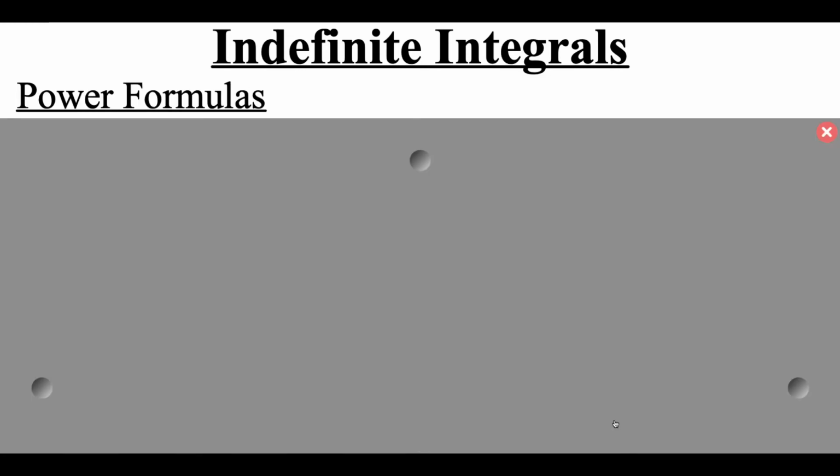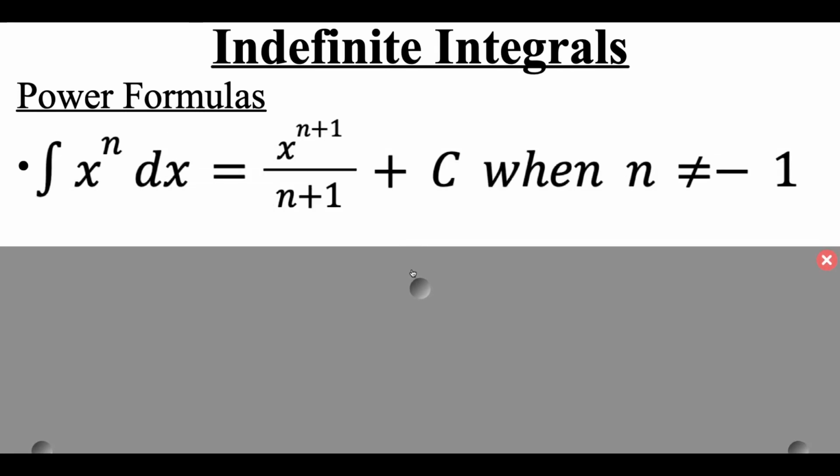Now we're going to run through a list of common indefinite integrals, and the first things that you might see are some things called power formulas. This first one says if we're doing the integral of x being raised to some nth power dx, then what we're going to do is take that x value, add 1 to the power that was there initially, but then divide by the power plus 1.